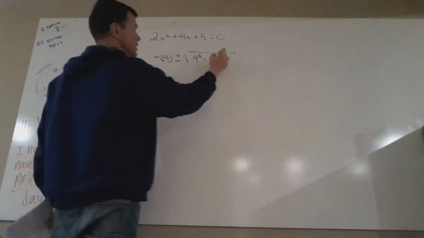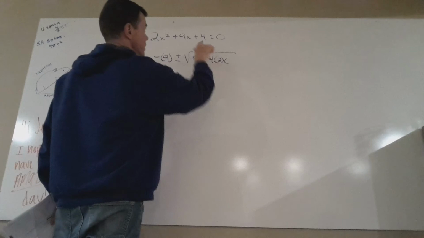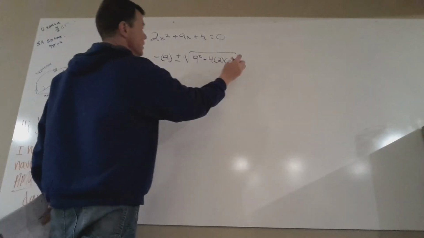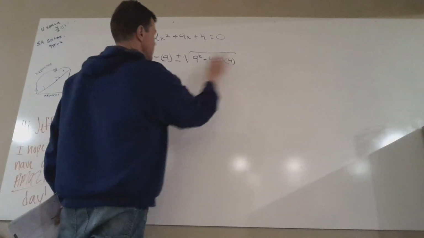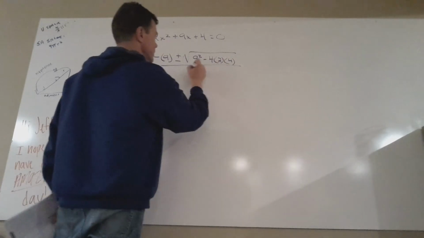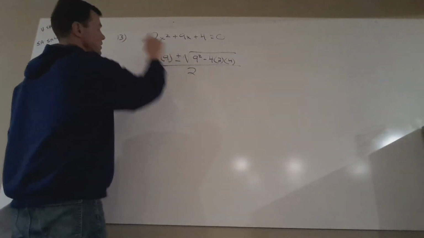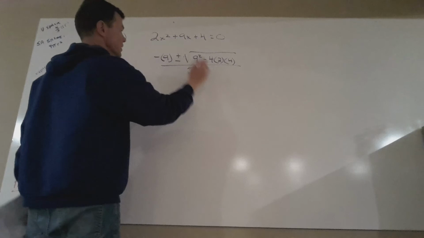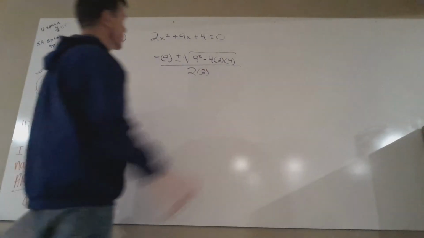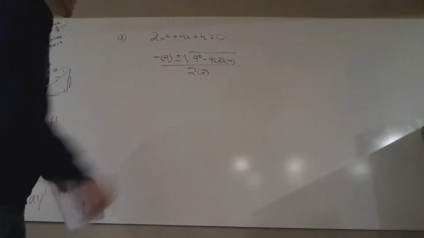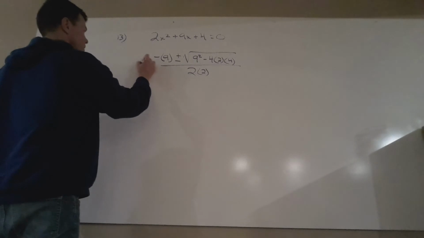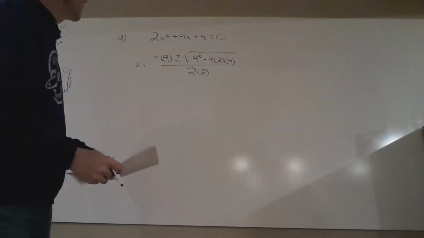Remember, our 2 is the a. 4 is the c. All over 2 times a. So again, our a is 2 up here. All right, that's our formula. Simplify and you can solve for x.